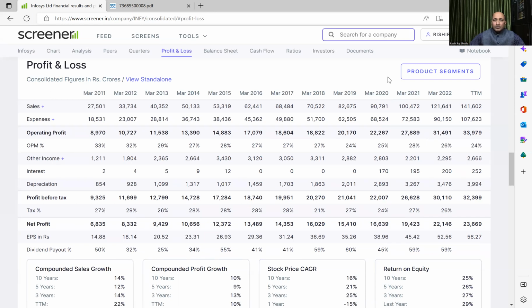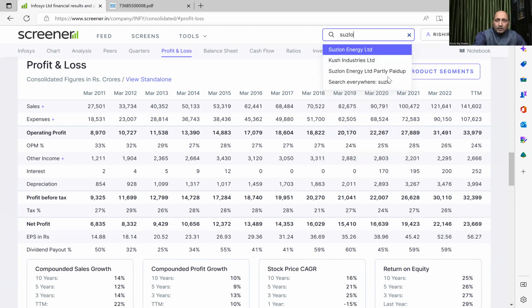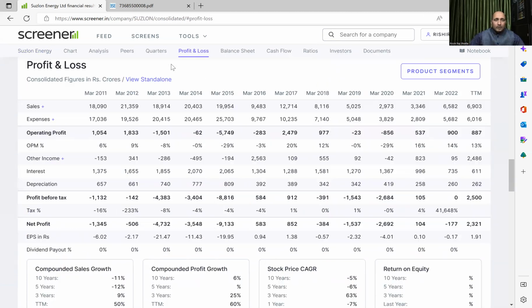Now let us see some other company. For example, Suzlon. These are profitable companies, and then you will see how it is. Again, here you will click, you will see. Here you can see the downtrend. In 2011, 18,090 crore.